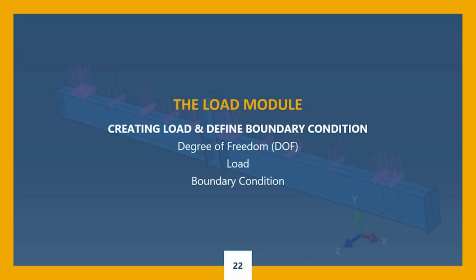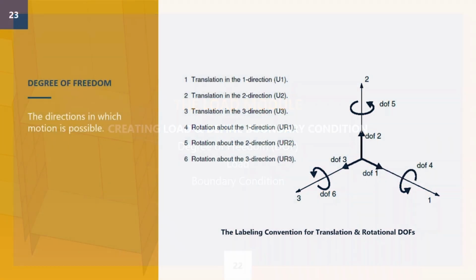Next, we're going to move to the Load module. Before we go into the Load module, let's review the degree of freedom. In ABAQUS, the degree of freedom, or DOF, is labeled numerically, as shown in this figure. Note that axis 1 is the x-axis, axis 2 is the y-axis, and axis 3 is the z-axis.